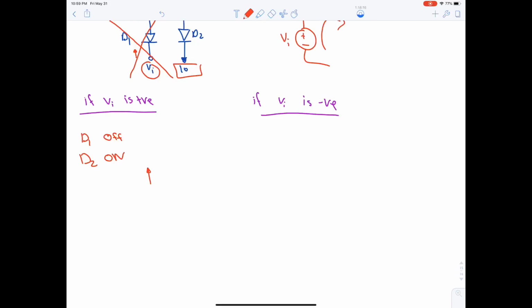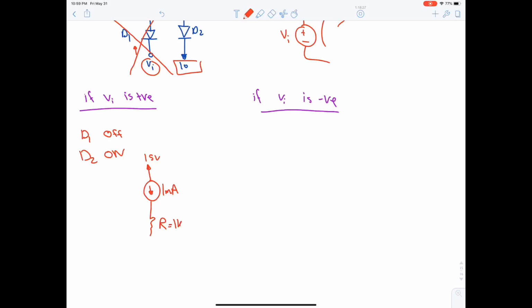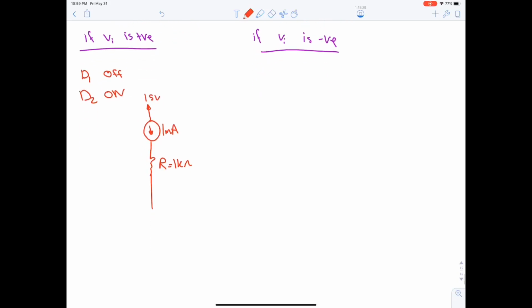Let's redraw the circuit. It will be like this. We have here 15 volt, voltage source 1 milliampere, a resistance R, which is 1 kilo ohm, and a short circuit connected to voltage source 10. This is open circuit, which is VI.